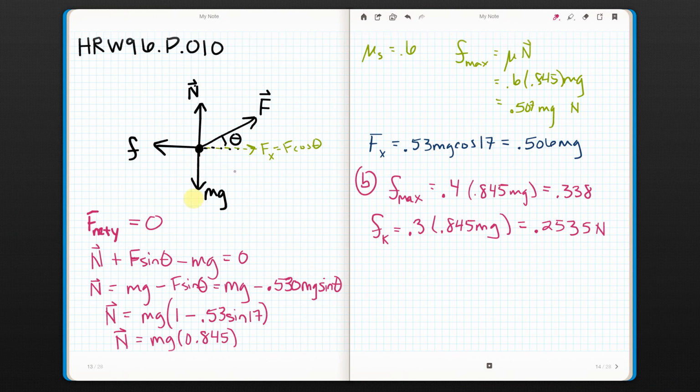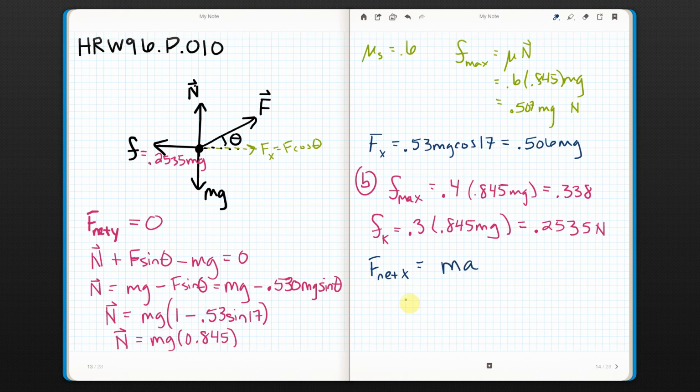Okay, so going back to the free body diagram, once I've broken the static friction, this thing is moving along. The friction over here is going to be 0.2535 mg, by the way. Oh, I keep forgetting the mg's. I'm sorry. So the net force in the x direction is going to equal mass times acceleration.